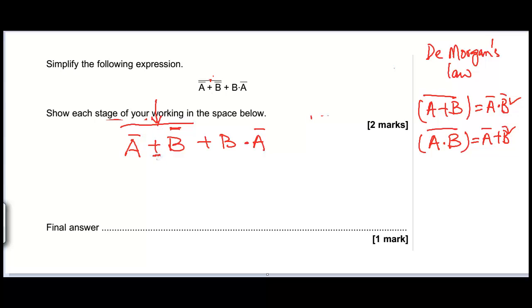If there is a bar over an operator, then that bar can be broken down into two parts by changing this operator. So this whole bar that we had, we are going to break it into two parts by changing this plus operator to a dot. Okay, plus b dot a bar.